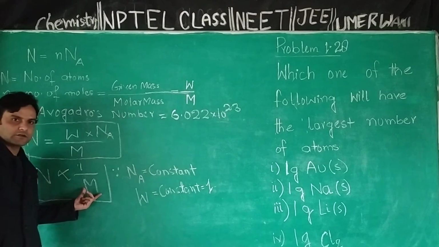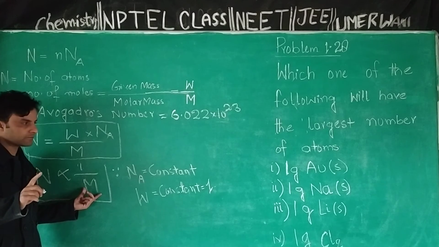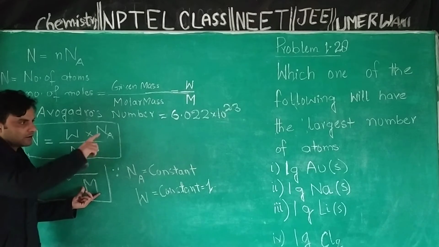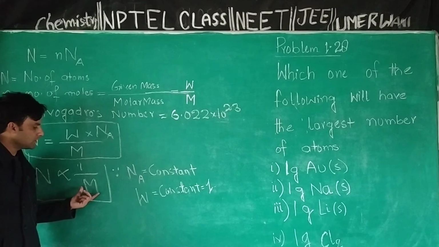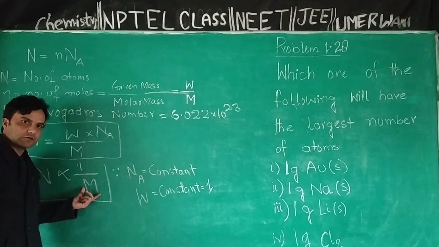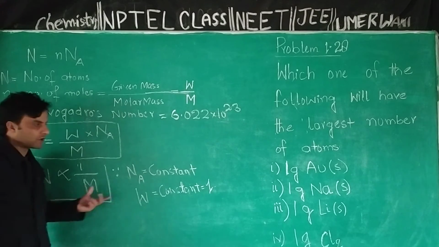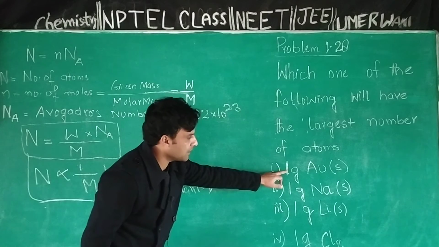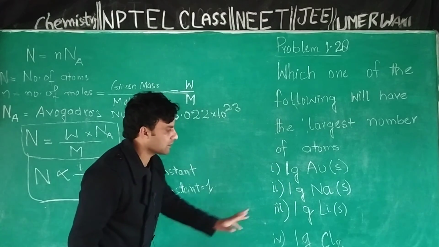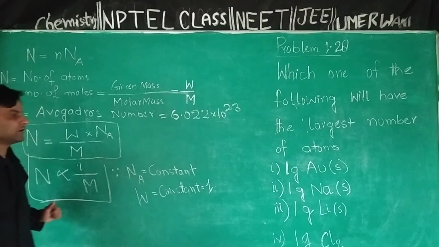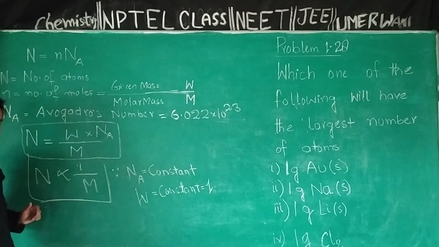Molar mass is mass of 1 mole and all these are elements, their molar mass will be either equal to their gram atomic mass or gram molecular mass, depending on whether the element is atomic, which is the case of gold, sodium and lithium, or whether the element is molecular, which is the case of chlorine.